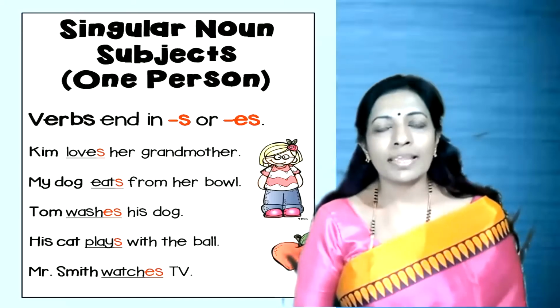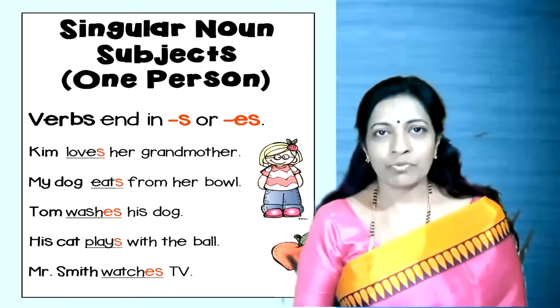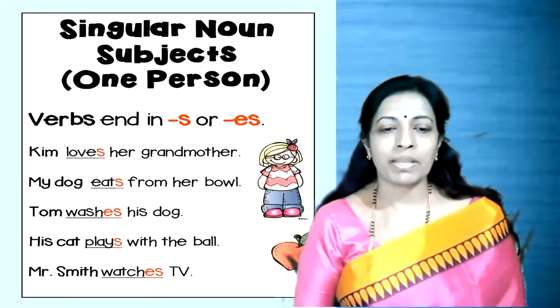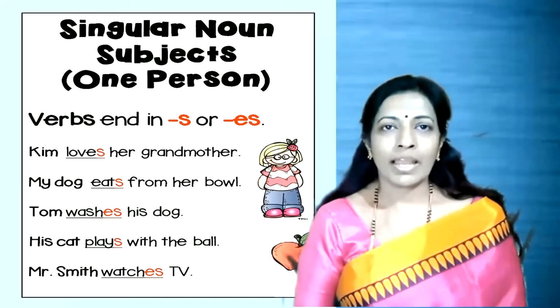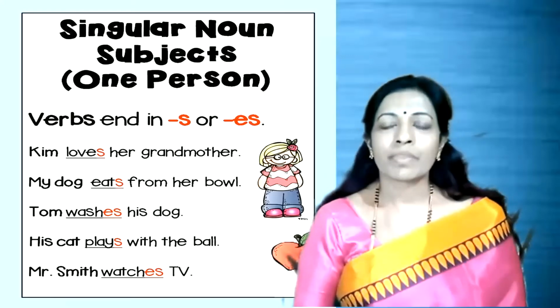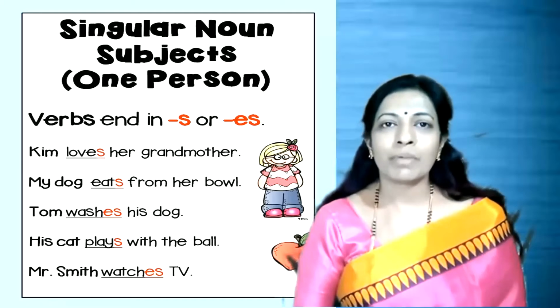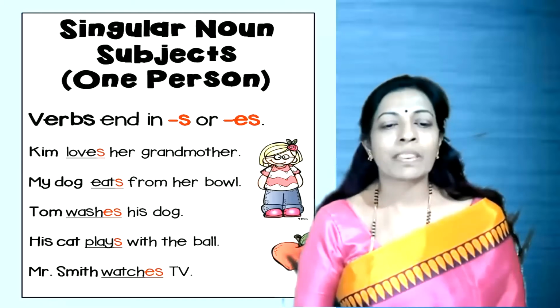My dog eats from her bowl. Here, the verb or the action which is taking place is eats and the subject is my dog. Again, it is a singular noun and therefore the verb ends with S.